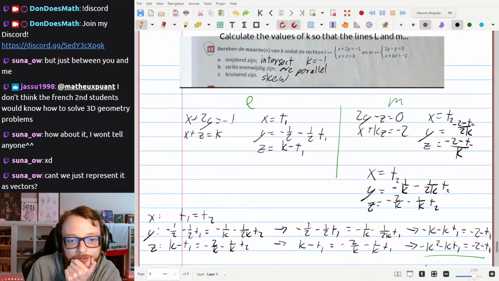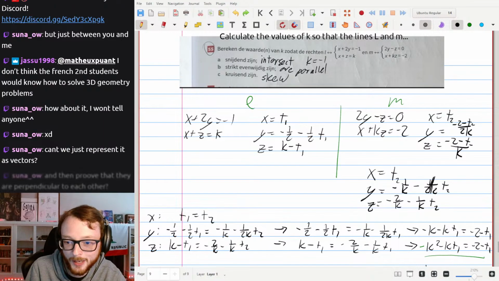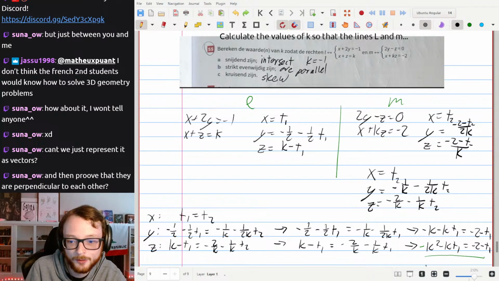Coefficient 1, 1. Coefficient minus a half. That's already minus a half k. Minus 1, minus 1 over k. So k equals 1. It actually is kind of clear to me, at least from the parameterization, that k equals 1 gives us parallel.